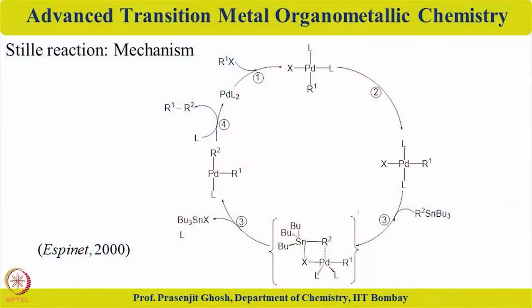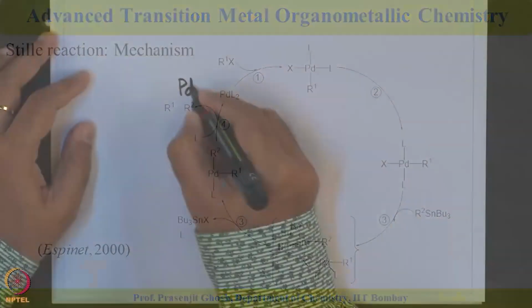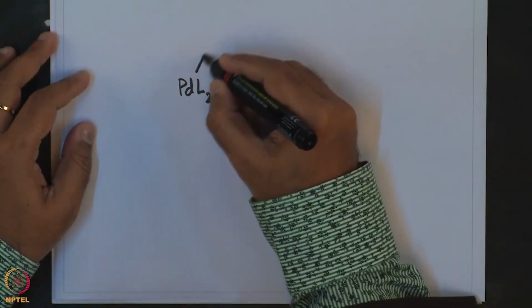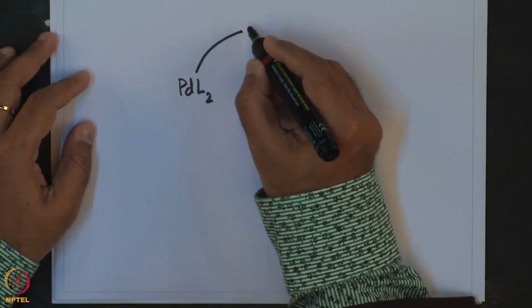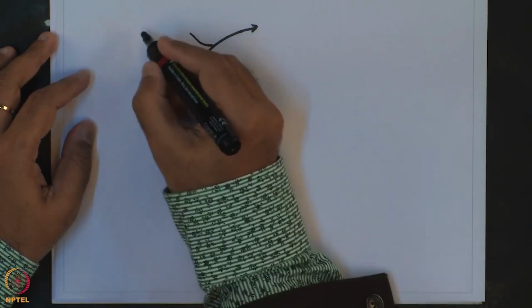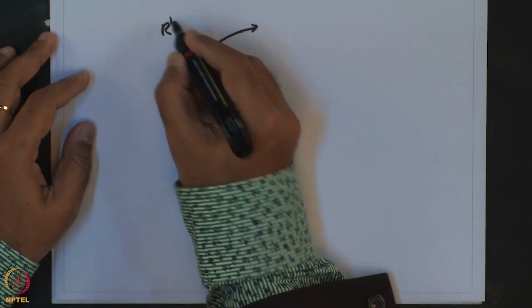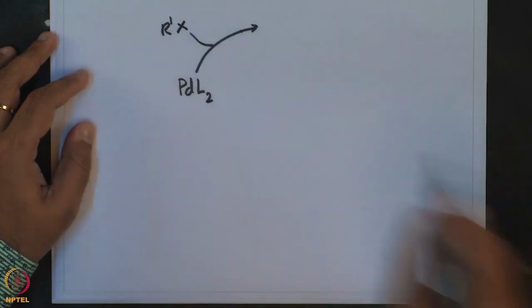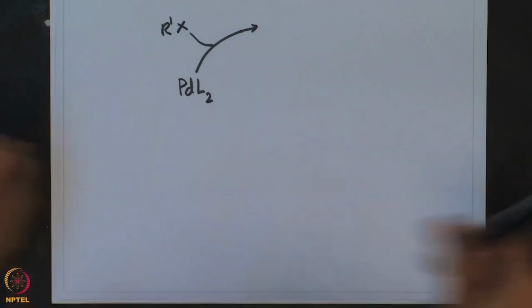The reaction over here too, the catalyst precursor is a palladium 0 species, which is given by PdL2. The first step is obviously the oxidative addition of R1X. So, this is the oxidative addition step.